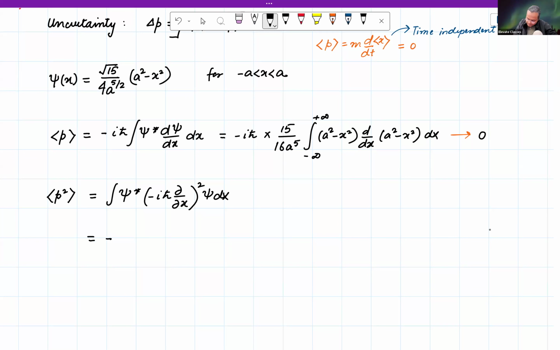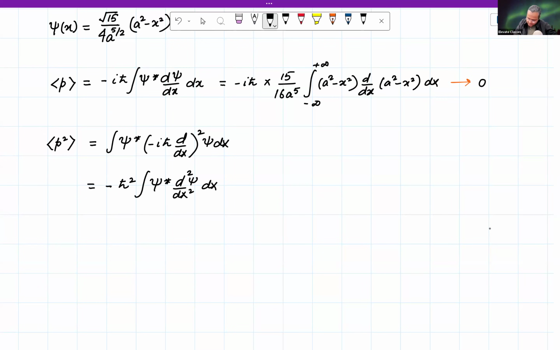So this is minus h cross square term and psi star, and then here you have d2 upon dx2 of psi dx here.